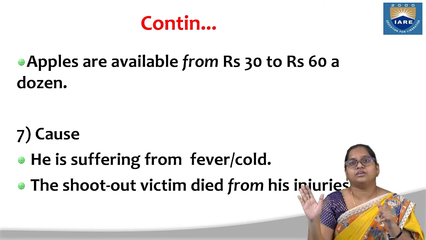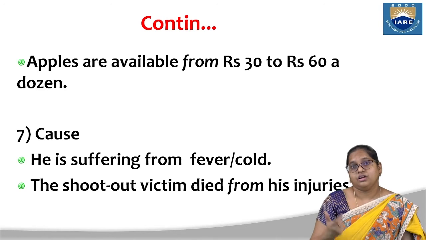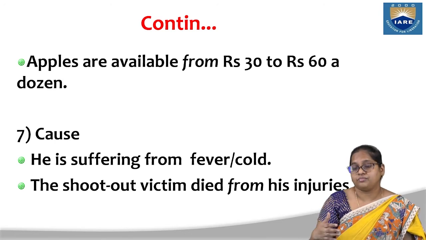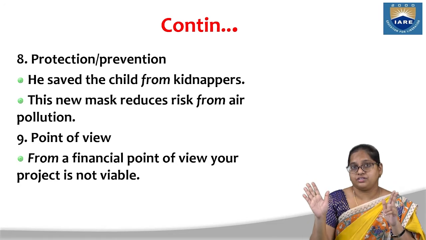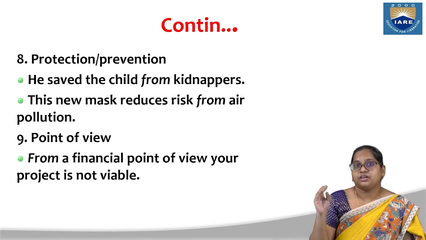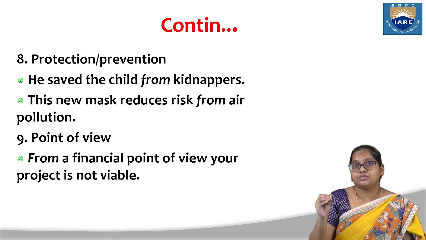Next, the seventh context is when you are talking about any cause. He is suffering from that. The shootout victim died from. That is a cause. Next, the eighth context: protection, prevention. When you are referring to that concept, you can use from.